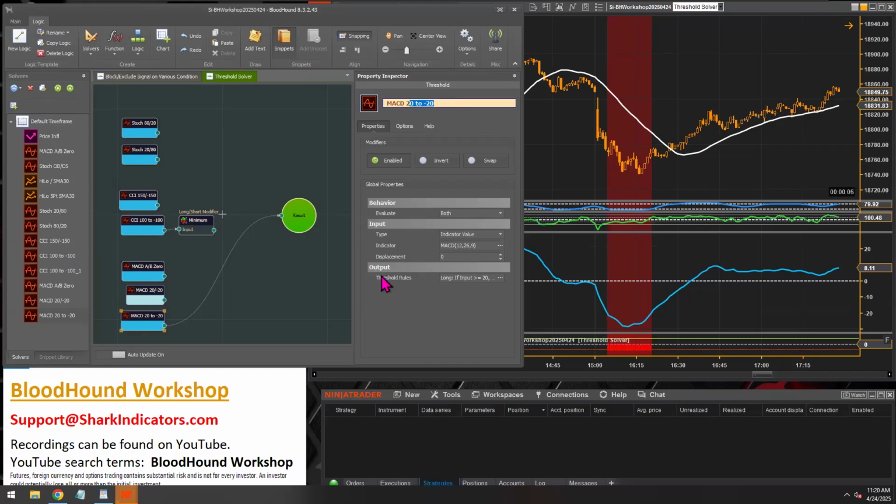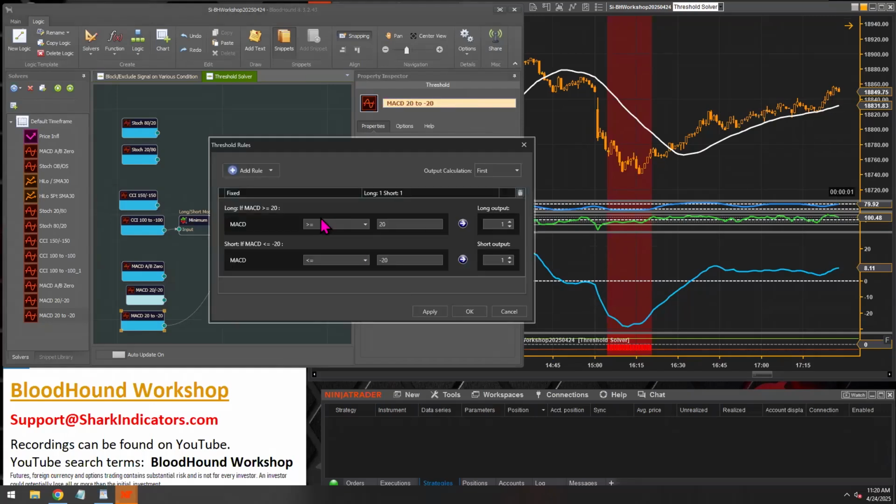And next, let's go into the rules window here and adjust our settings. So we'll just set this to now negative 20, like so. And this will be a positive 20, like so.